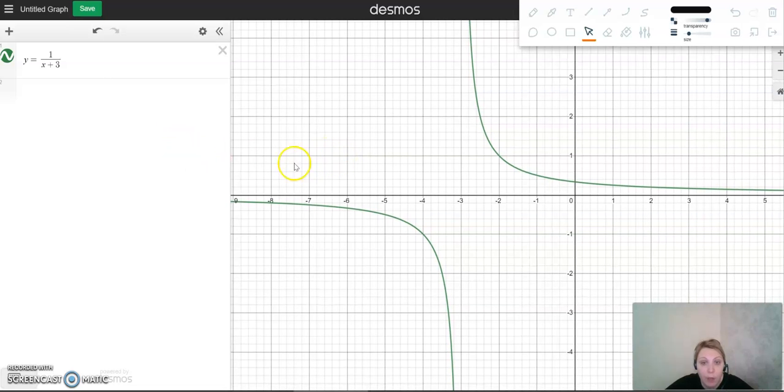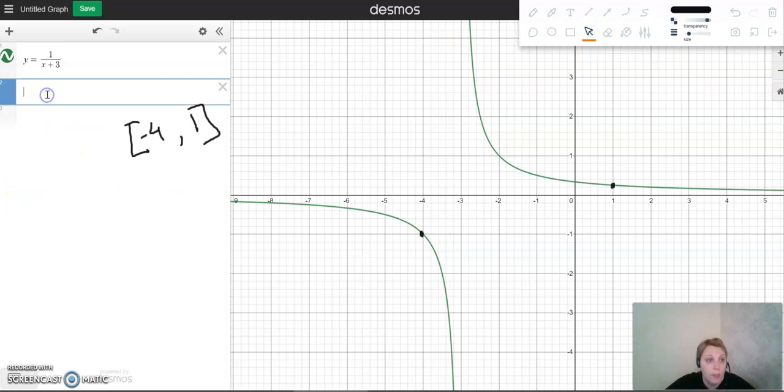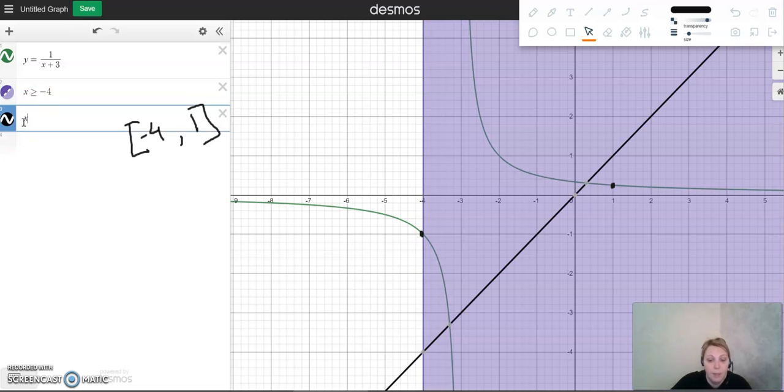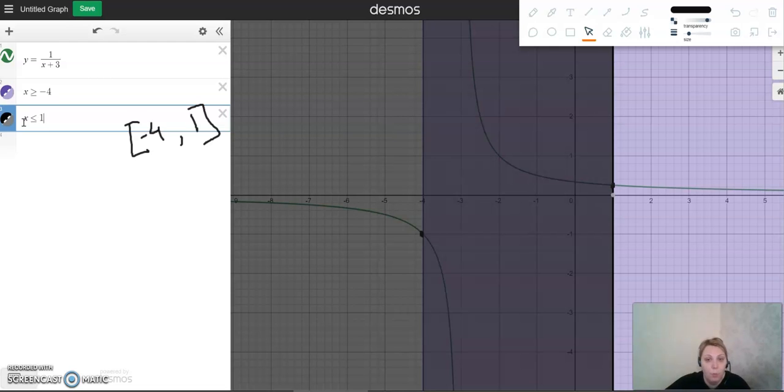I want to find out everything between y equals -4 and y equals 1. Okay, so this is my -4, this is my 1. So let's go ahead and take a look. What is going to happen? x is greater than or equal to -4, and x is less than or equal to 1.